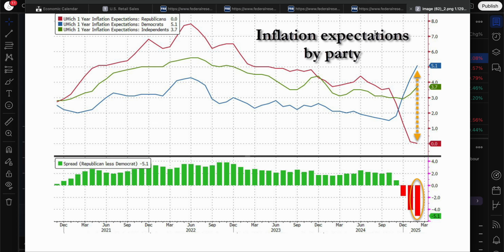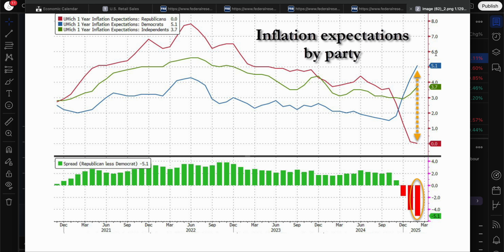If you look at things like the University of Michigan, and keep in mind, this isn't this month's release, this is last February's release. The problem with any survey, okay, is that if you ask for people's opinion, you're going to get a lot of noise. And the noise is really political leaning.